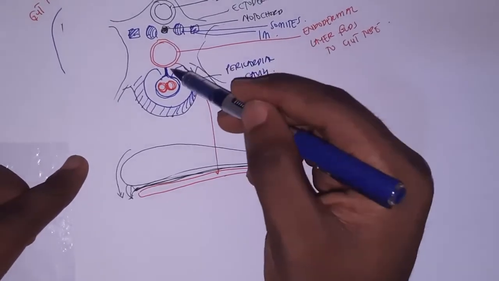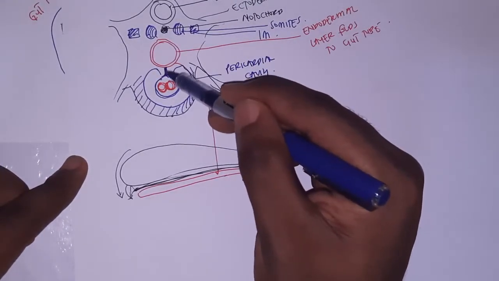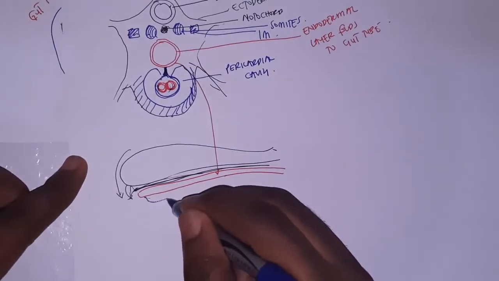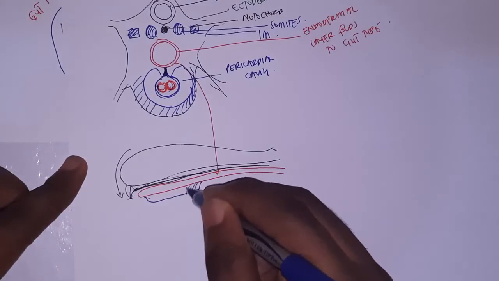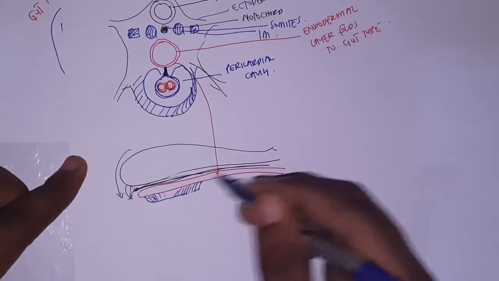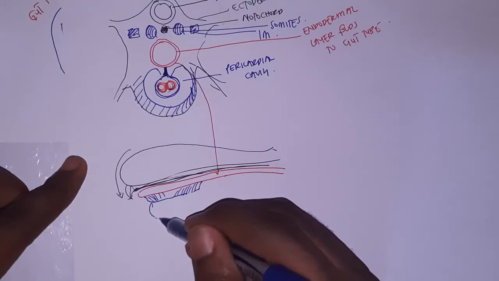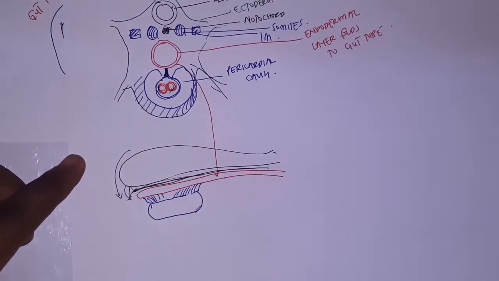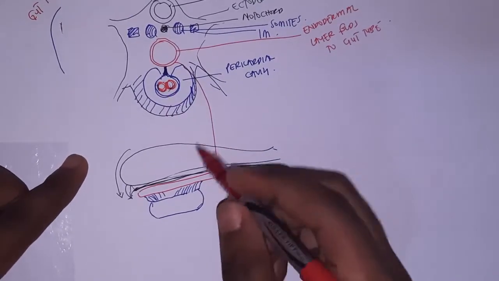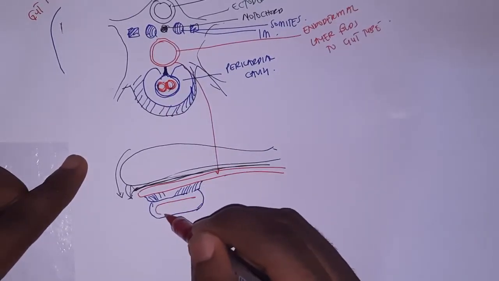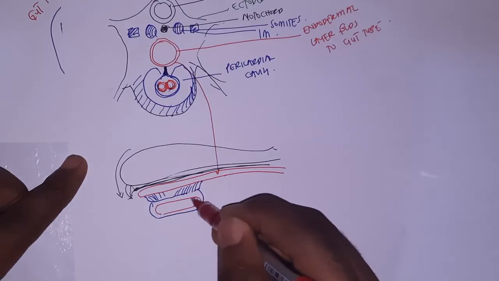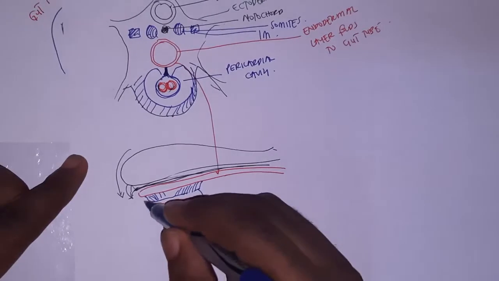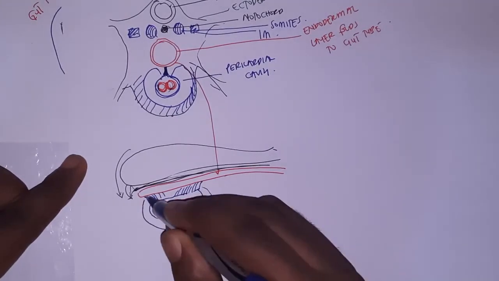Now remember there's this ligament that is holding this primitive heart. So you have that ligament holding it this way. Now these two tubes are going to fuse to become one tube, and you have the pericardial cavity.